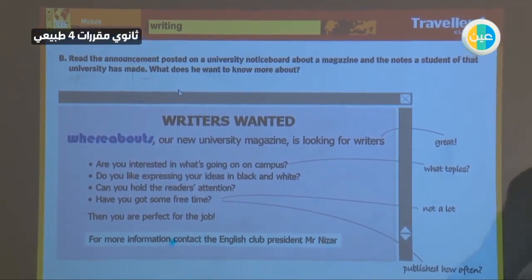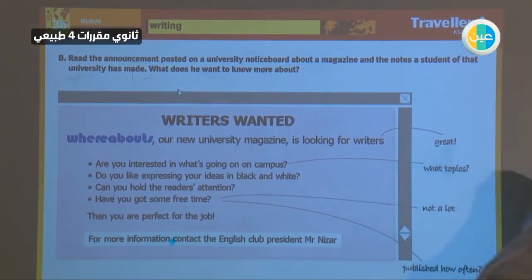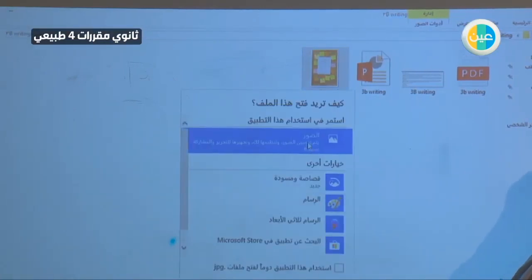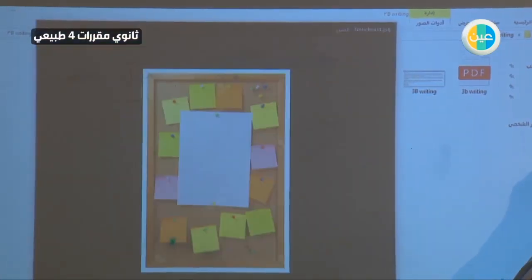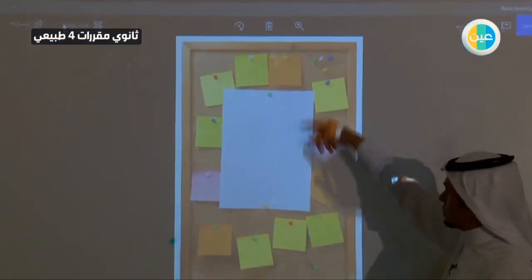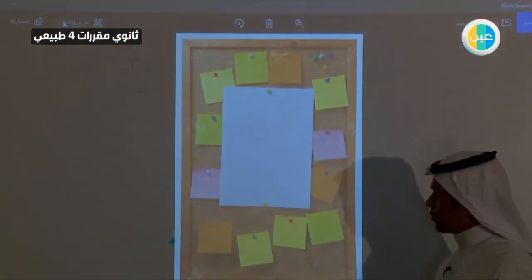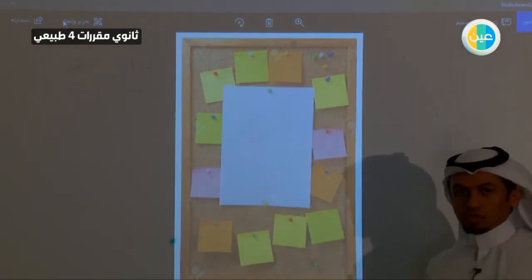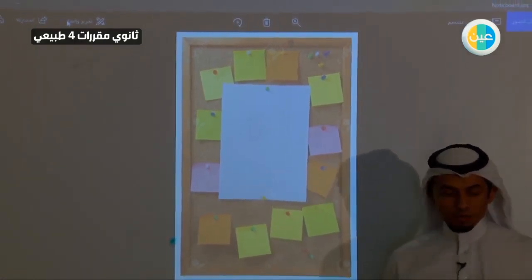The notice board is something like the one that you see in your school or university, for notes. So they post some notes here and ask a few things.